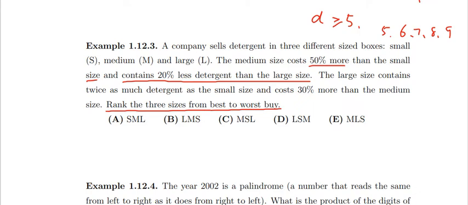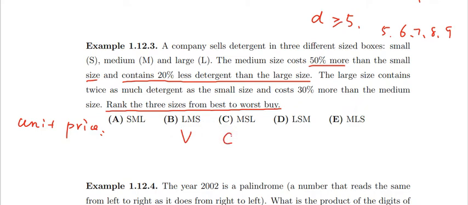So for best to buy, we want to find the cheapest. We should buy the cheapest one, right? So we want to find the unit price. We need to compare the unit price, or unit volume price, for these 3. So let's say for the small one, we have volume and cost.